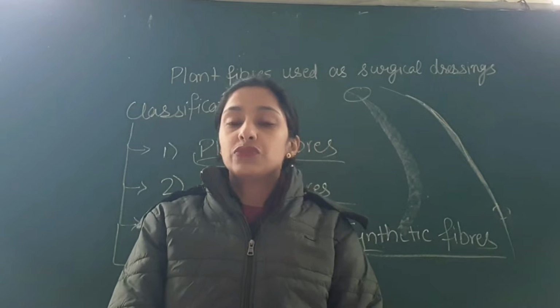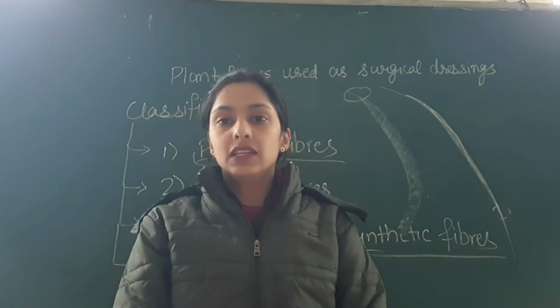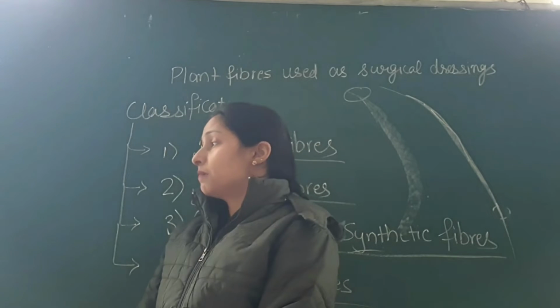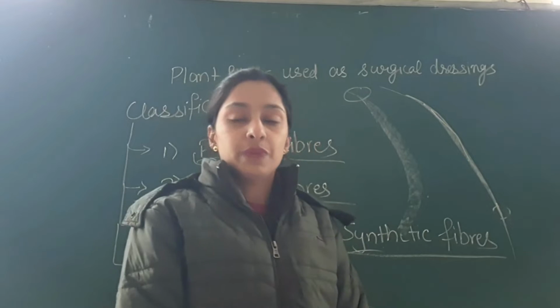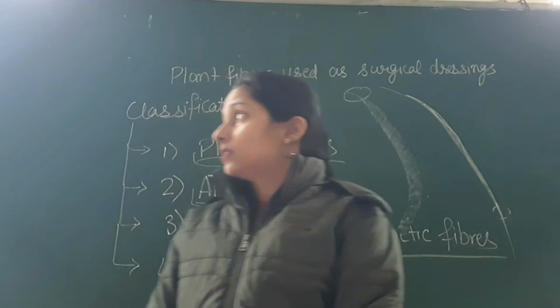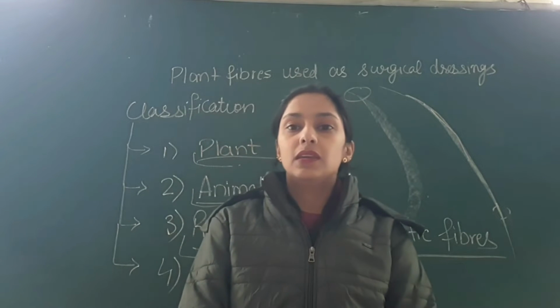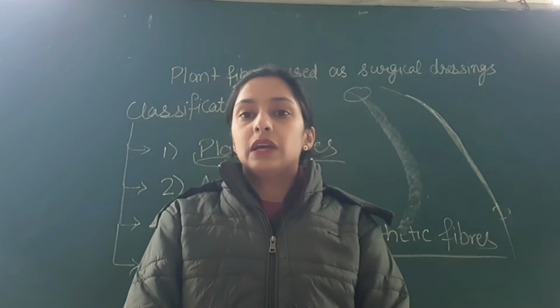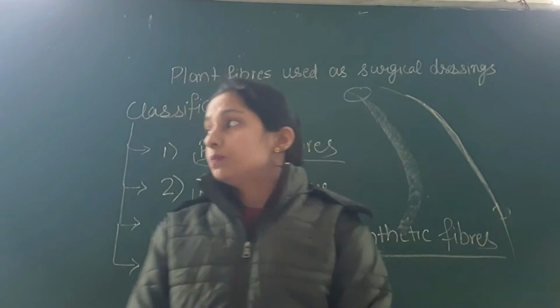They consist of cellulose, but the presence of lignin is not confirmed. Either it can be present or it cannot be present. Plant fibers can be obtained from any part, like the leaf.